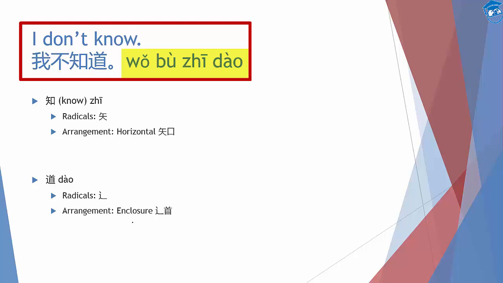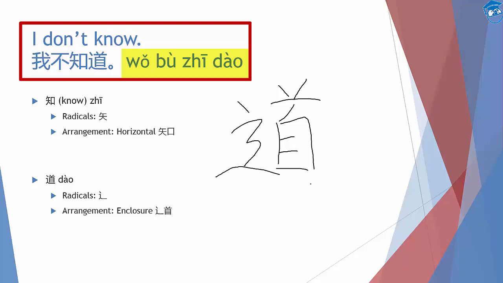The arrangement is enclosure, wrapping up the left and bottom corner. So here is how I write 道. 1, 2, 3, 4, 5, 6, 7, 8, 9, 10, 11, 12. It has 12 strokes in total.